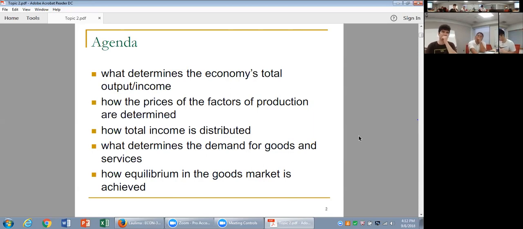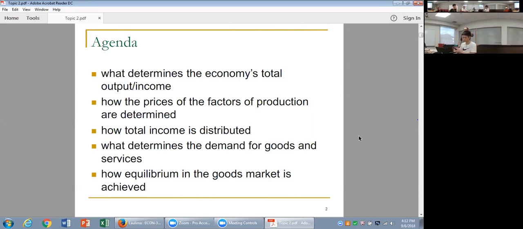Inputs are used to make the outputs. That would be capital and labor. Then we need to talk about how those two groups are compensated. If the total income is 100% of it, how do we decide how to split that up between those who own capital versus those who own their labor? It's not a political decision. It's actually determined by rates of return.